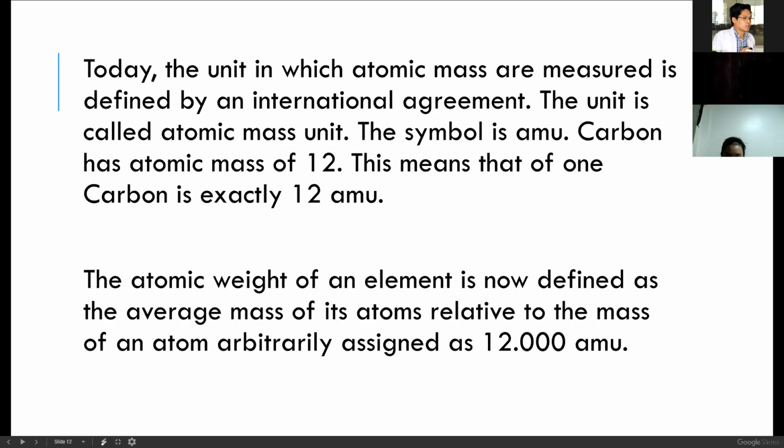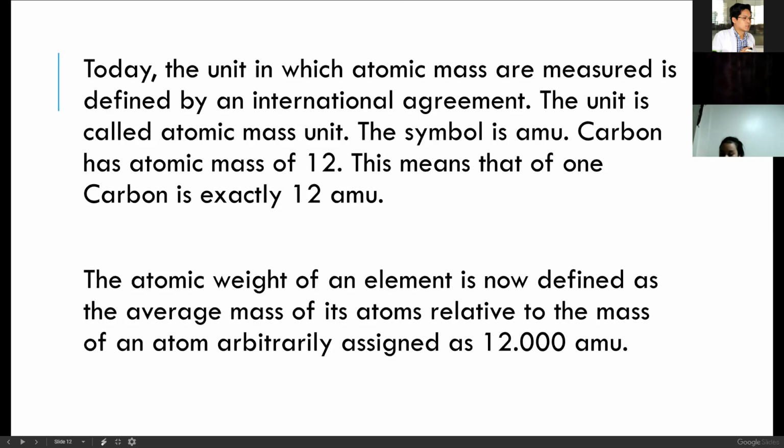This means that one carbon is exactly 12 AMU. The atomic weight of an element is now defined as the average mass of its atoms relative to the mass of an atom arbitrarily assigned as 12 AMU. Again, it's 12 AMU.